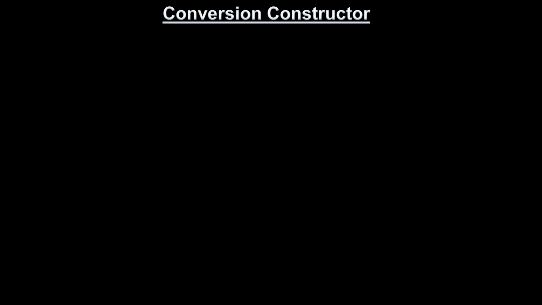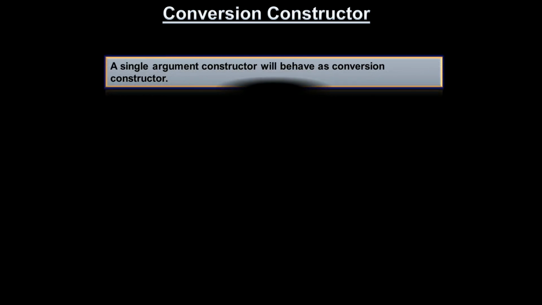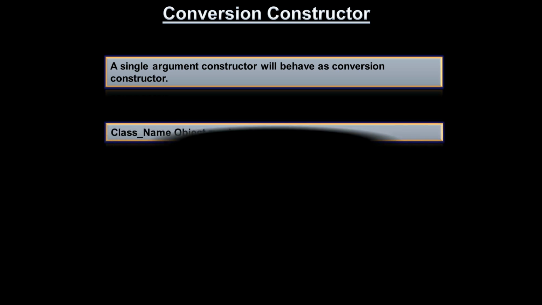Okay. Now, the conversion constructor we have discussed. Any single argument constructor will behave as a conversion constructor. So how will it be done? For the conversion constructor invocation, we create the object like this: class name object equals to value.